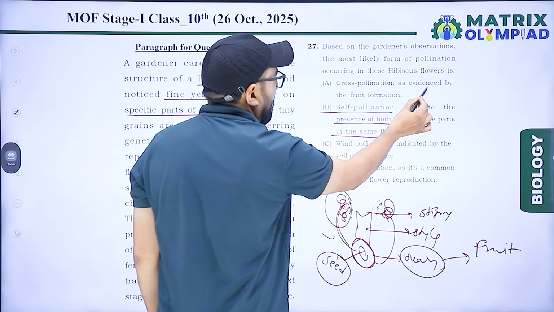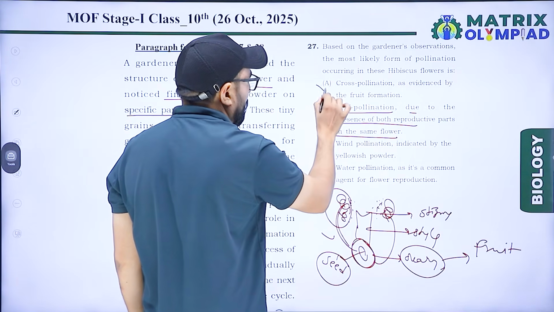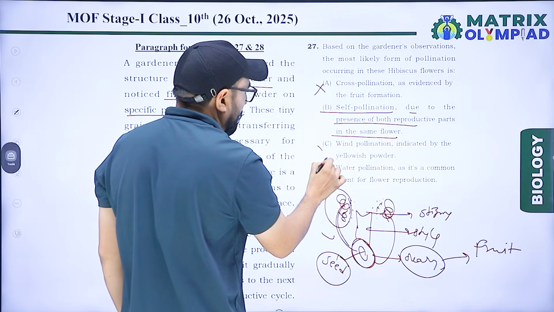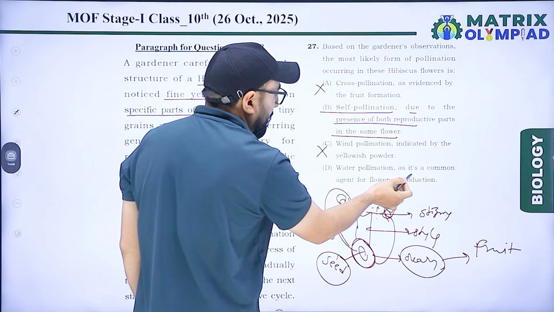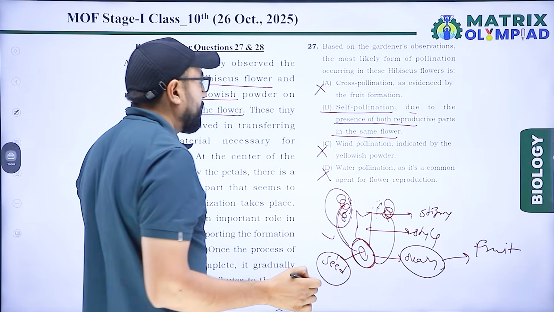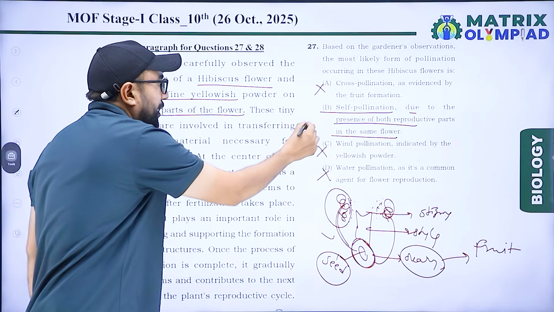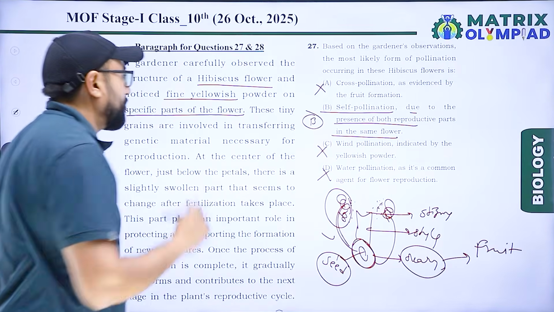Cross pollination, as evidenced by fruit formation? No. Wind pollination, indicated by the yellowish powder? No. Water pollination? No. So, according to the observation, B is the correct answer for this question.